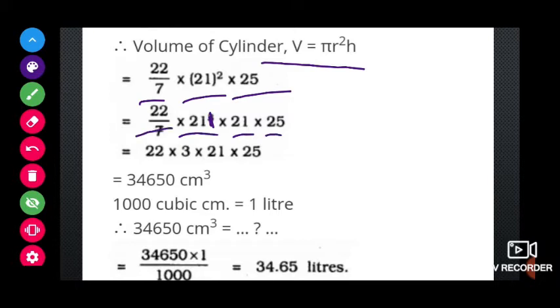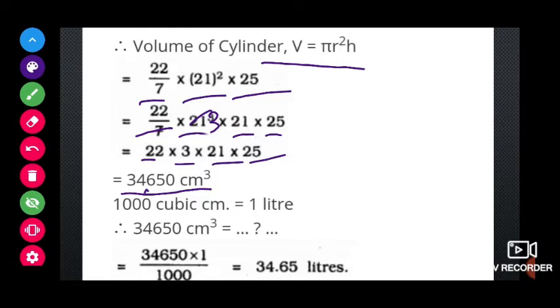Now 7 ones are 7, 7 threes are 21. Now remaining all as it is. So 22 into 3, here 3, and here 21, here 25. If we multiply, we get 34,650 centimeter cube.